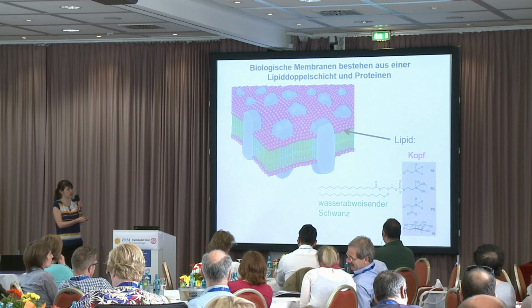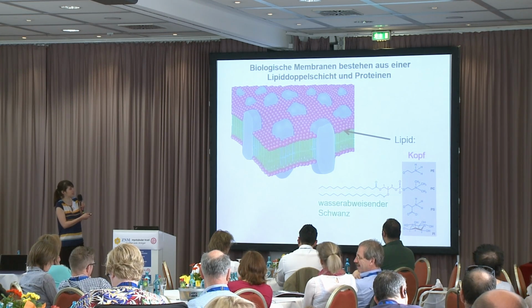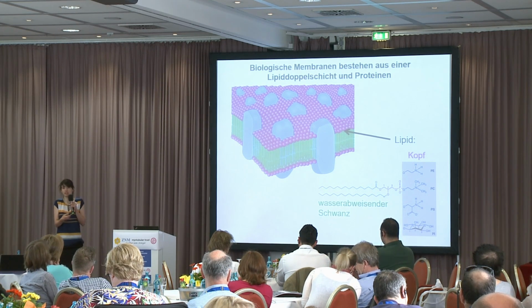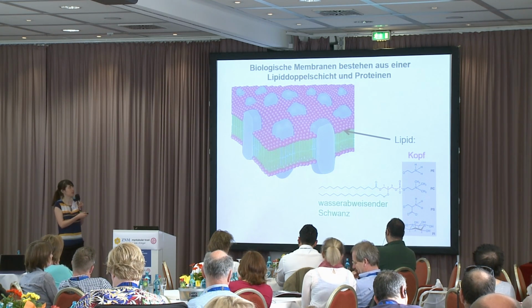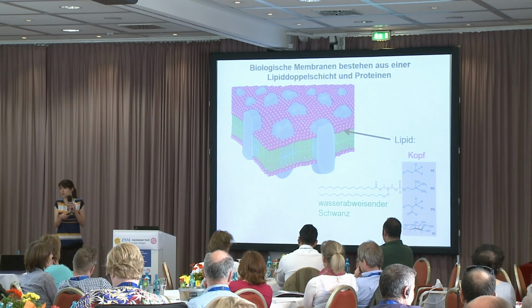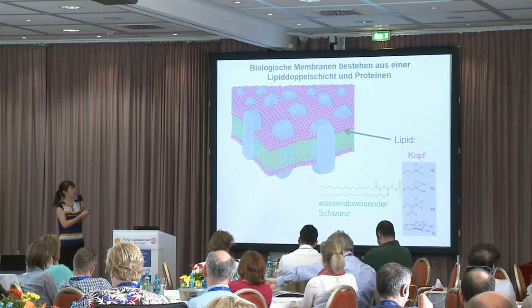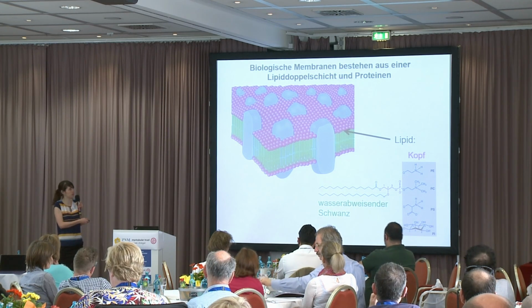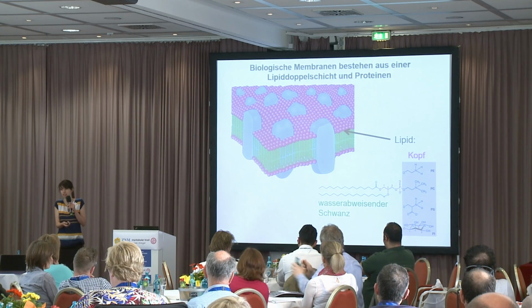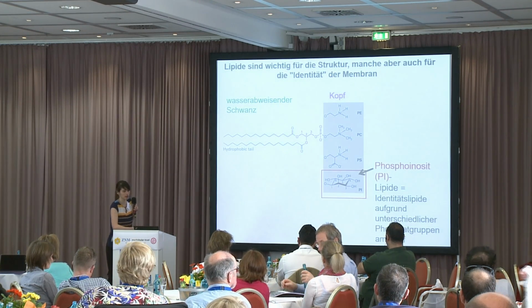A second part of the lipids are the water-attracting, hydrophilic parts. These are filled with water. That means that there are compartments separated from one another by water. And that means that the compartments above and below can have different functions.